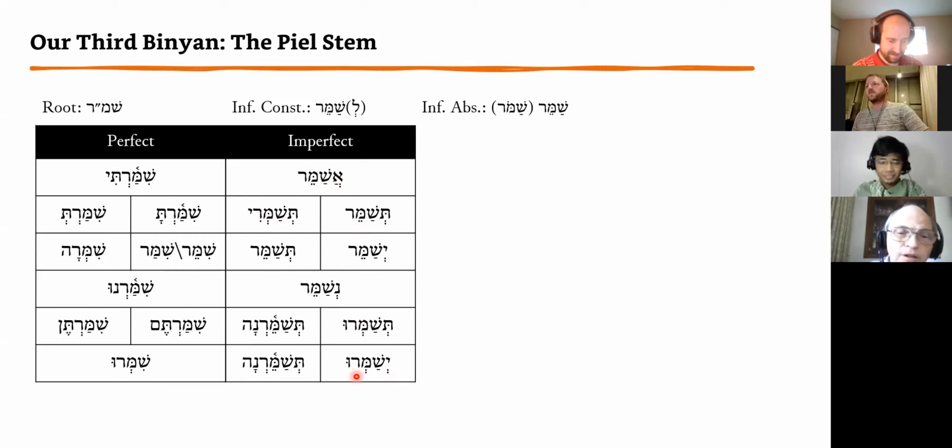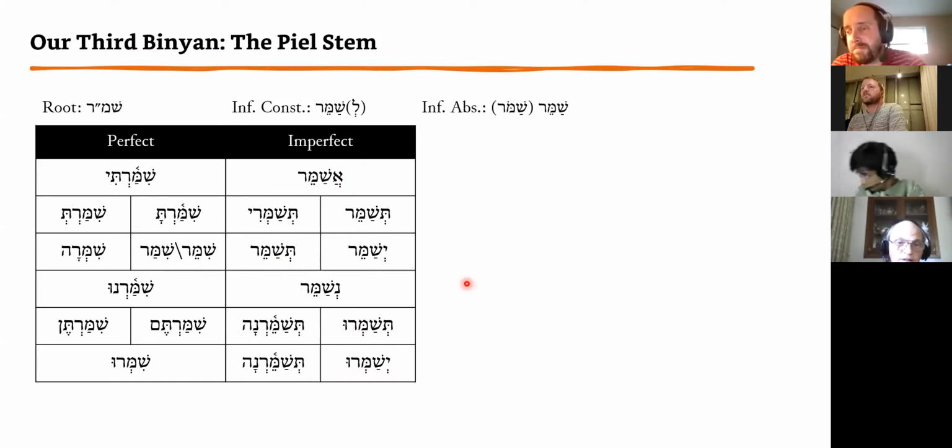Jason, before we move forward, and it's probably something I've forgotten, I'm looking at the second feminine singular with the vowel suffix, and the long vowel under the mem reduces.